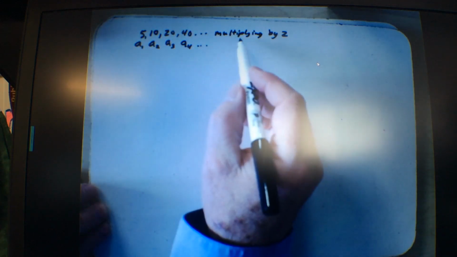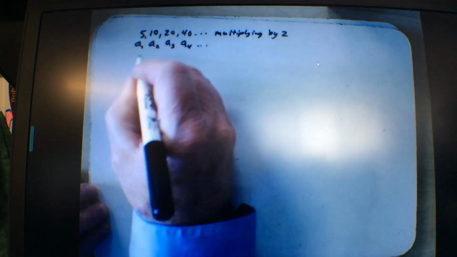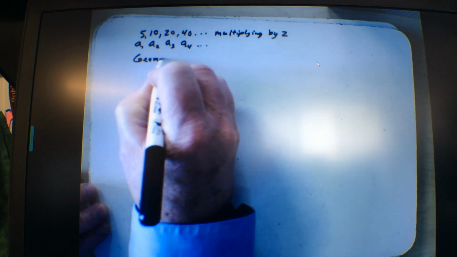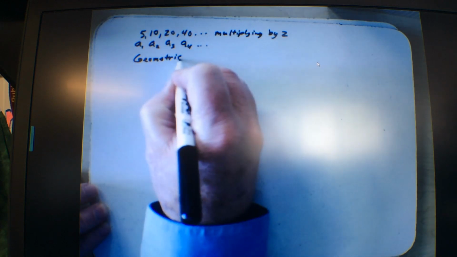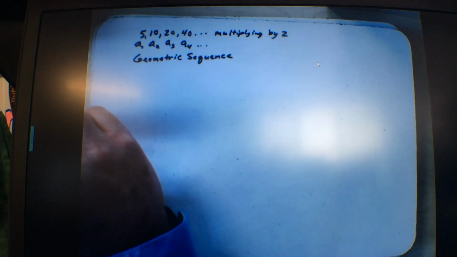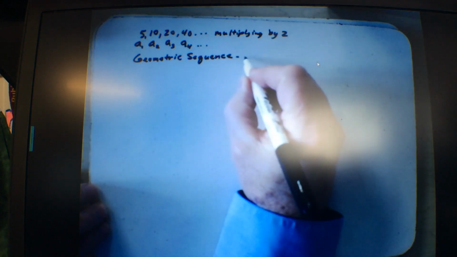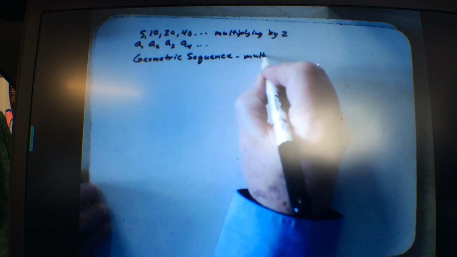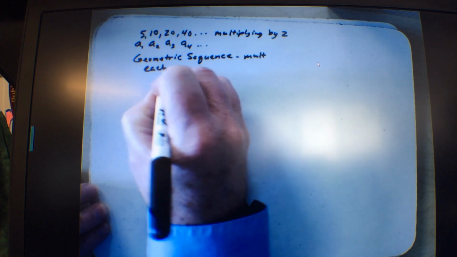In an arithmetic sequence, we call the difference the common difference, right? In multiplication, this is called a geometric sequence. A geometric sequence is when we multiply each term by a common ratio, okay?